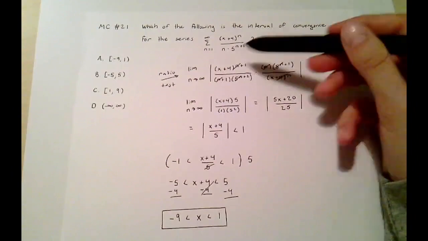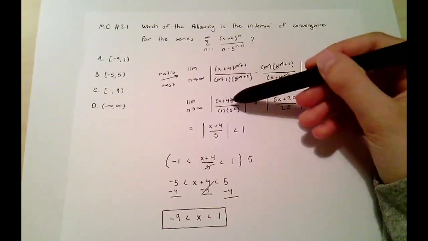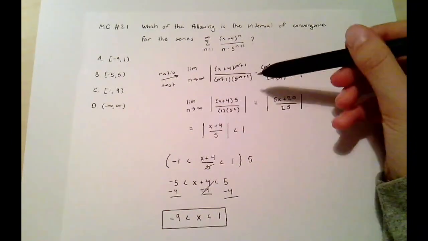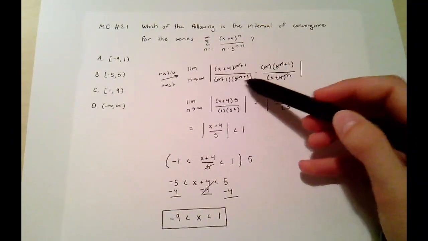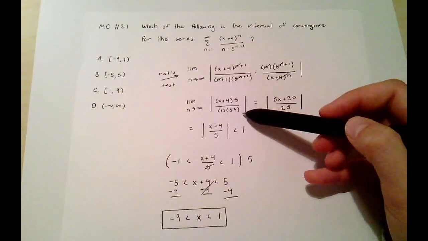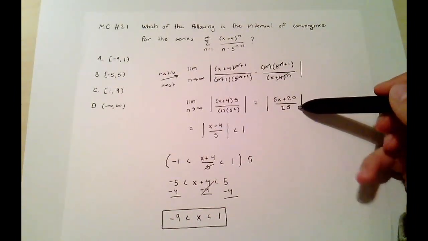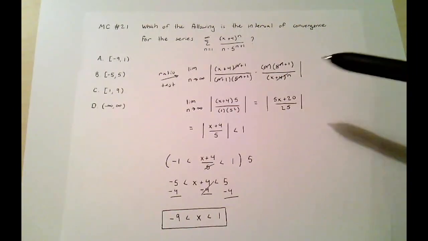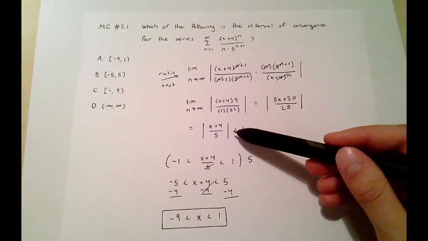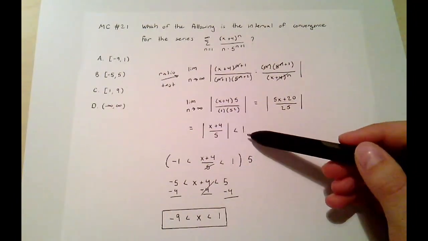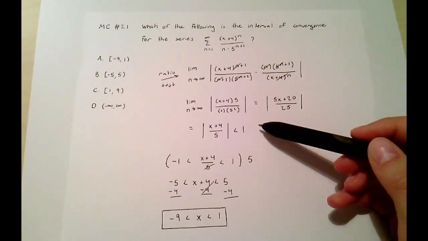This leaves an (x+4) to the first power, and the 5 to the first power up top, and the 1 and 5 squared down bottom. This results in 5x plus 20 over 25. You can reduce this to get the absolute value of (x+4) over 5, which is set less than 1, which is where the ratio test converges.